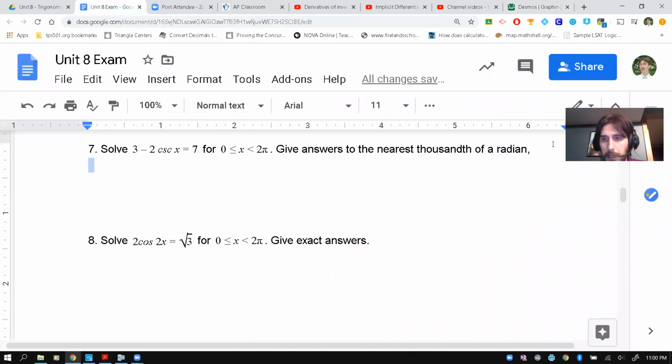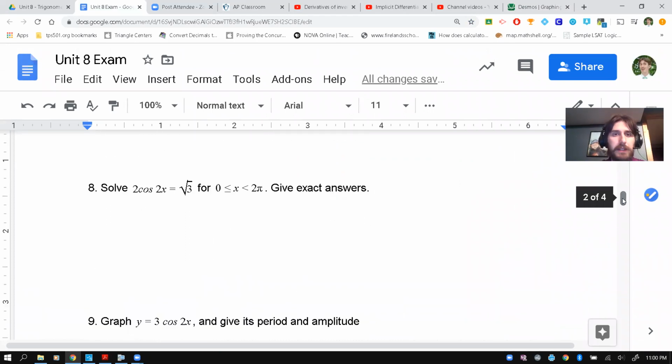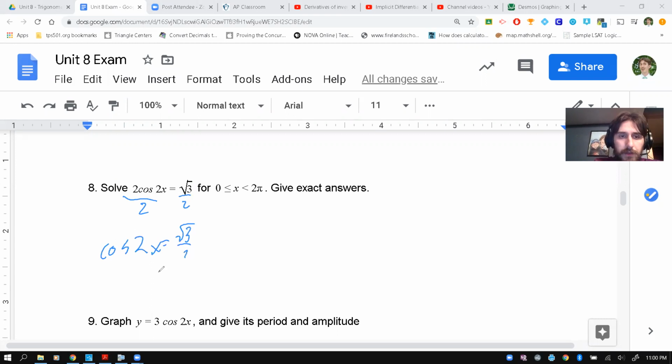All right, number 8. Number 8, we're still on the same thing. This is going to be an exact answer though. So to find this, I need to get x by itself. To get x by itself, I need to divide by 2, which will give me the cosine of 2x is equal to the square root of 3 over 2. To get rid of cosine, I will take the inverse cosine of square root of 3 over 2.